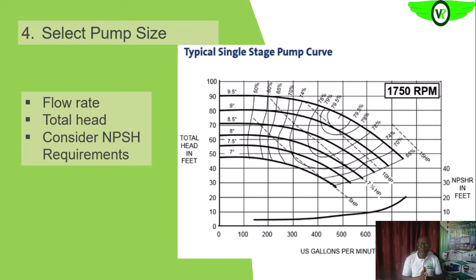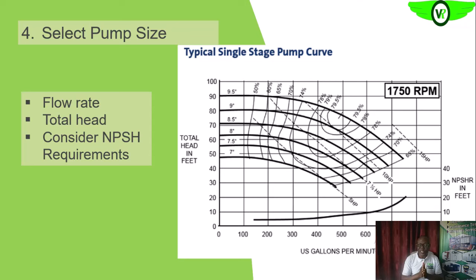Then, having known the flow rate and the total head, you take the pump curve. The intersection between that flow rate and the total head will be the operating point of the pump that you actually need.